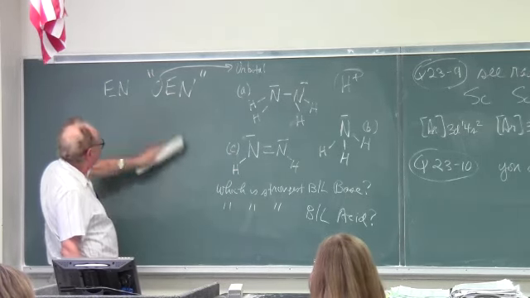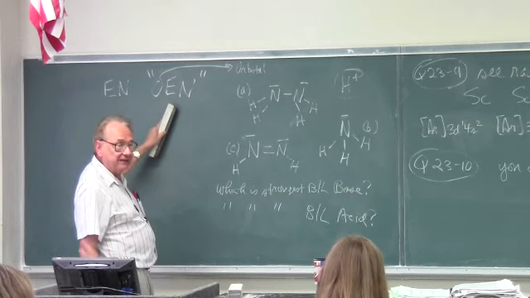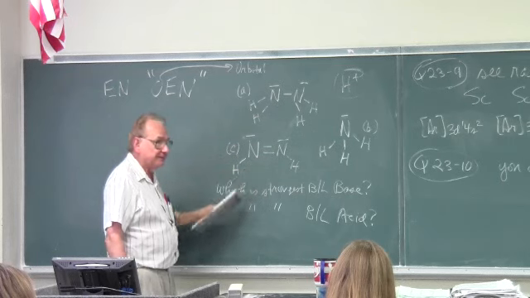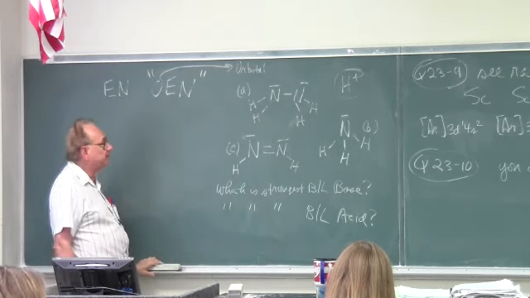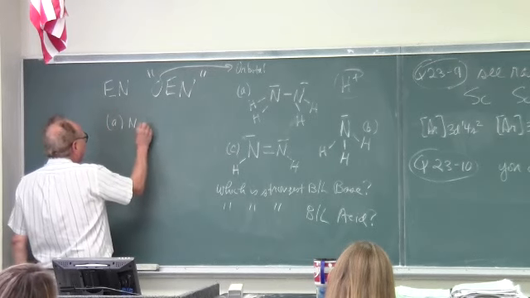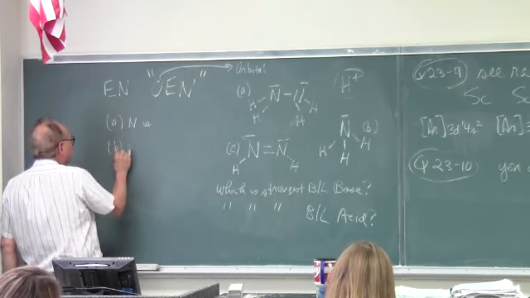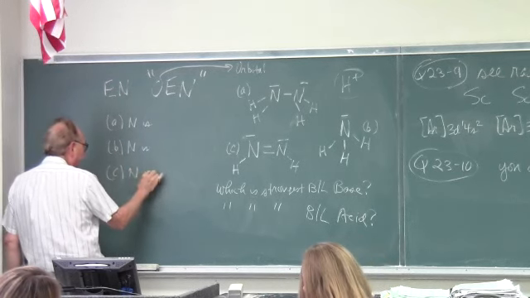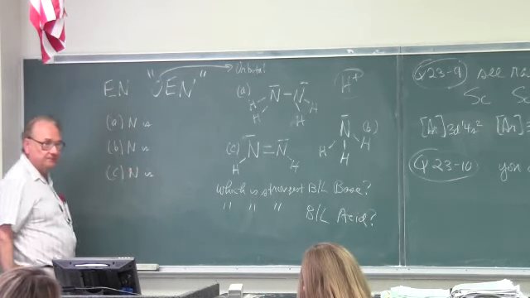Now remember how this is defined. Orbital electronegativity. Fair enough? So I want you to look at these nitrogen atoms. Tell me how they're hybridized. A, N is, B, N is, C, N is.